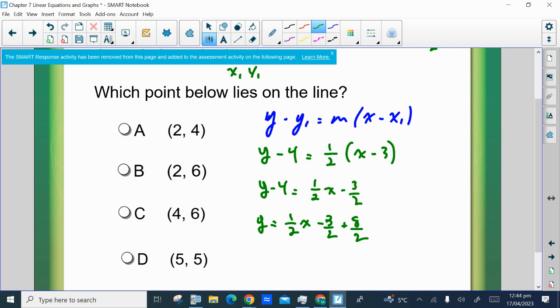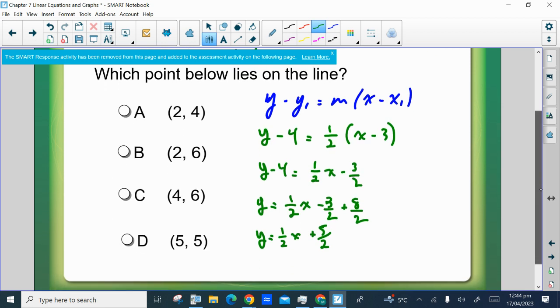I need to write 4 with a denominator of 2. So that's why it's 8/2. 8 divided by 2 is 4. So if I simplify this, negative 3 plus 8 is positive 5/2. And so this would be the equation of that line.